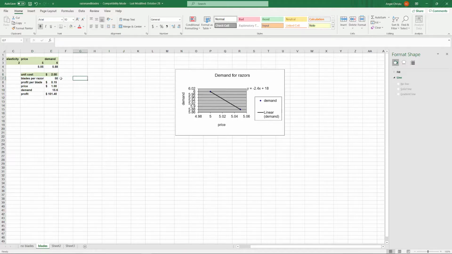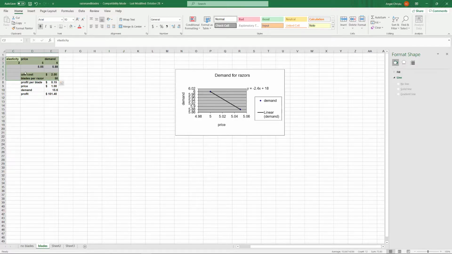We also consider the fact that we want to see what happens when we take blades into account. So we know that each of our customers that buys a razor also will buy 50 blades over the course of the lifetime of the razor.